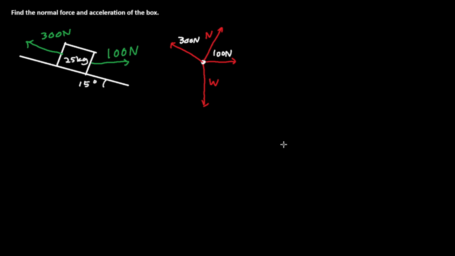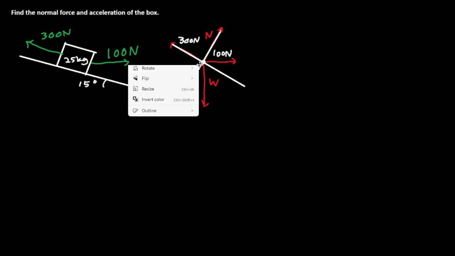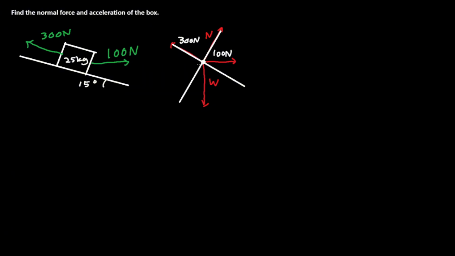So what we'll treat as the x and y axes, or x prime, is this right here. Since the 300 newtons is parallel to the plane, or the surface, this will be the x prime axis. And the normal force is always in the direction of the y prime axis.